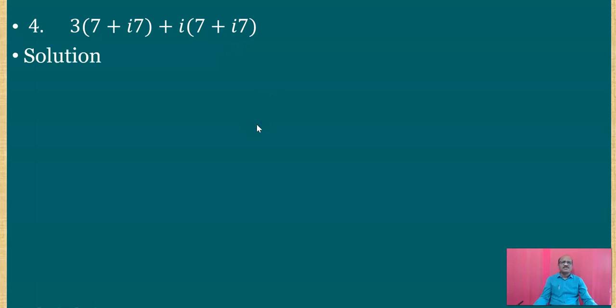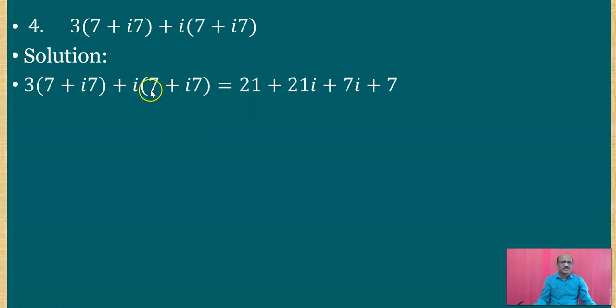Next example, 3 in bracket 7 plus i7, plus i in bracket 7 plus i7. Normal simplification here: 3 into (7 plus i7), bracket complete, plus i into (7 plus i7). Normal multiplication: 7 into 3 is 21, 3 into 7i is 21i. i into 7 is 7i, i into 7i is 7i square.